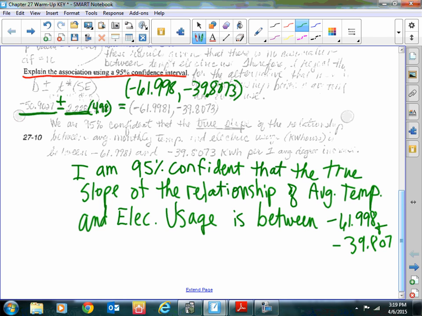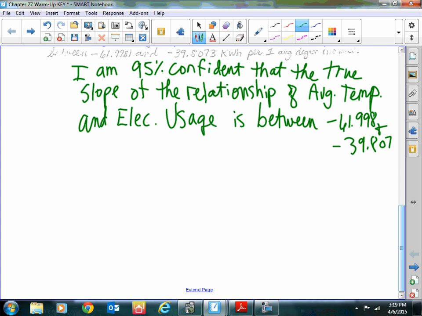All right, and now this is the one where if 0 was in the interval, then there could be 0 slope. And it's not, so I'm going to say that.